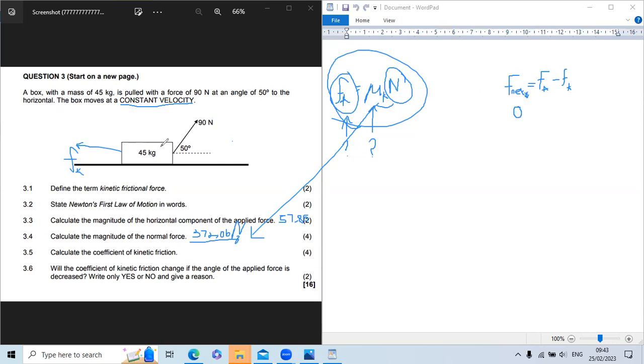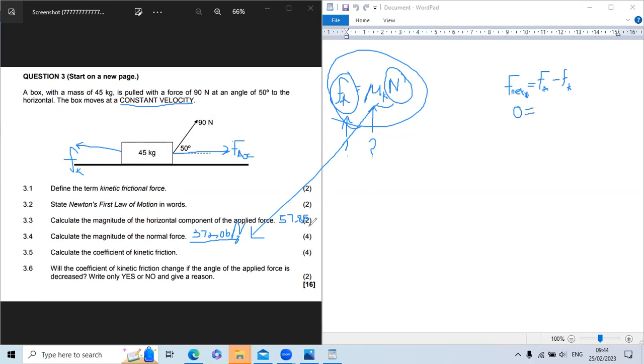Since there are only two forces acting on the box, this is going to be FAx. This is opposing this one, and that causes the box to move at a constant velocity.